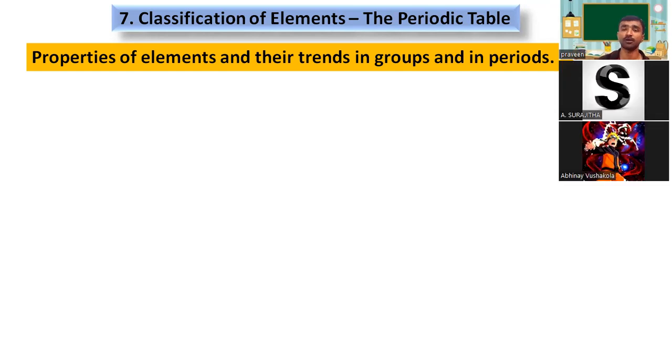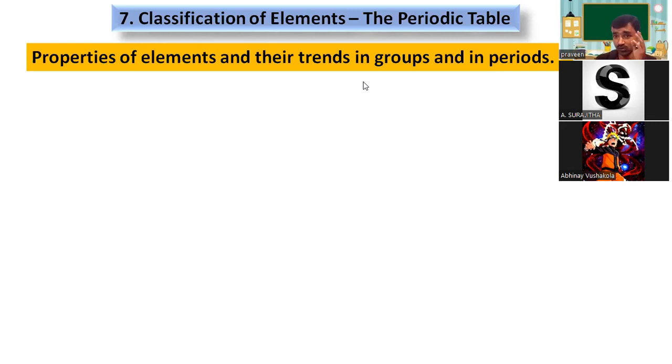What is meant by periodic property? Periodic means repeated, right? So what do they repeat? They are different elements, and their properties repeat.